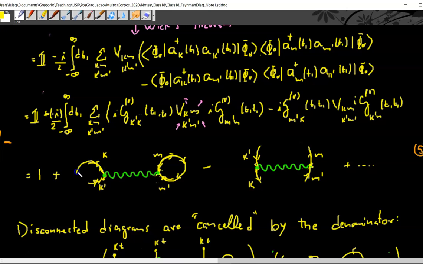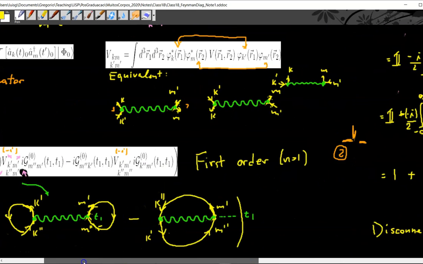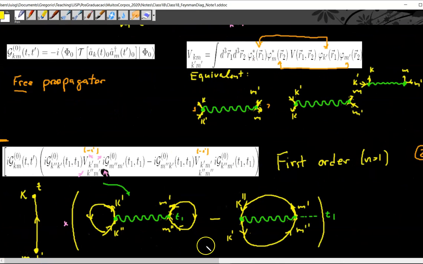So that would be this other loop. So this represents this term. While here I have, again, K prime entering, K leaving, M prime entering, M leaving, and I have a propagator from M to K prime, which would be this, and a propagator from K prime to M prime, which would be this. And these are precisely the disconnected diagrams that I had here, okay, in the first place.